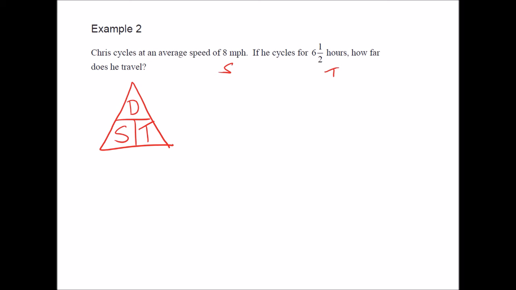So we've got to find the distance. If I cover that up on my triangle, I can see that it's speed multiplied by time. 8 multiplied by 6.5. Use your calculator if you like to work that out, and that will be 52. And because the speed was in miles per hour, our distance is in miles.